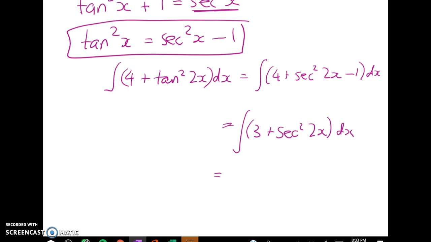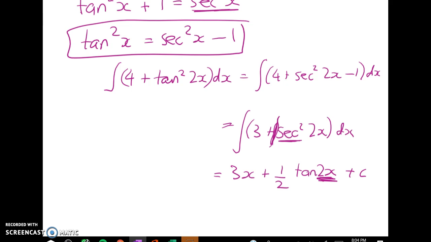That anti-differentiates to give me 3x plus, now this is going to go back to tan of 2x, right, but I've got the chain rule to think about in here. The derivative of the inside function is 2, but here I've got nothing, so I need to multiply this by 1/2 so that it all works out. So there we go, and a plus c on the end, don't forget that. Right, so that's the first 3 marks.